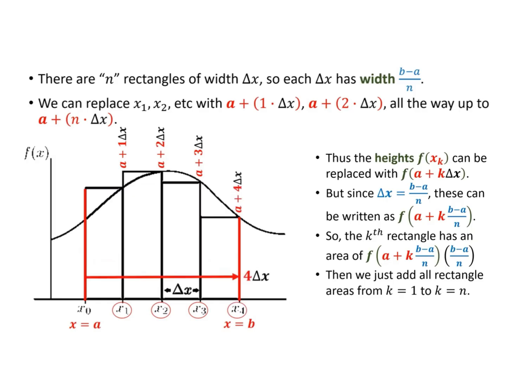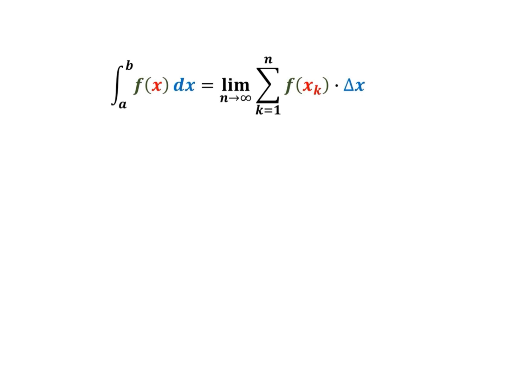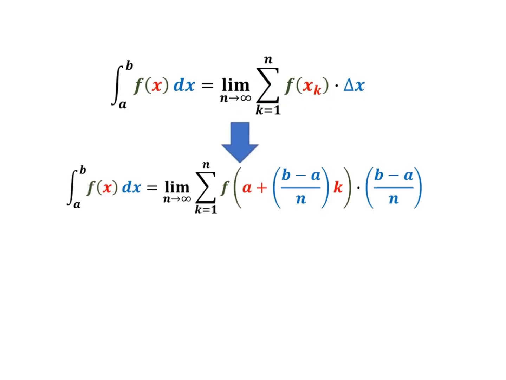Now, so let's just break this down a little bit more, okay? So here's where we started. Okay, this was the AB example, the y times the x. We're going to add up all those, that's what this means, add up all the rectangles as the number of rectangles approaches infinity. Now what we have is a way to rewrite this in a different way.